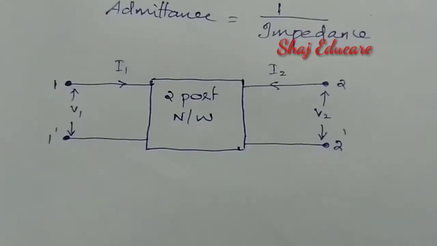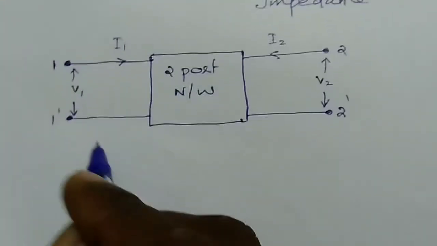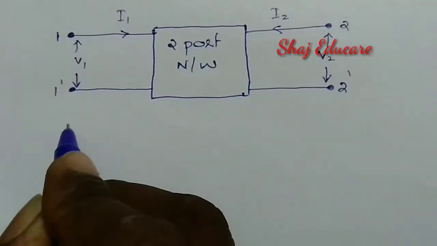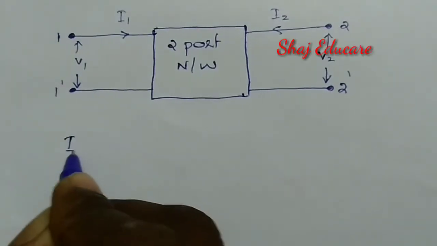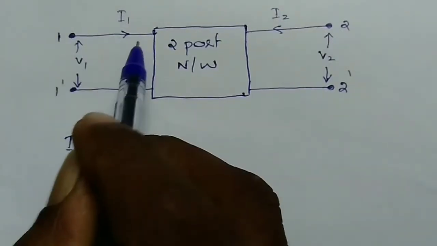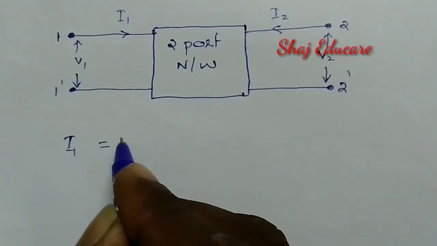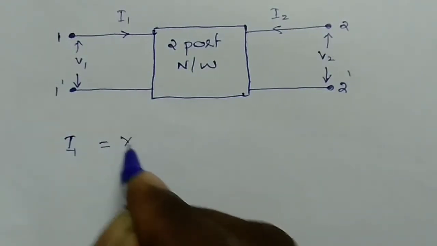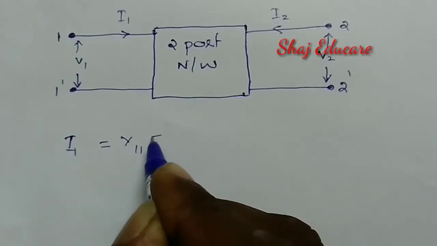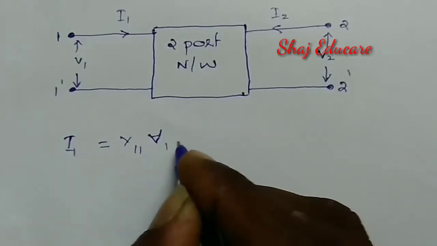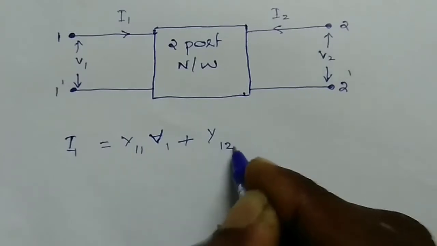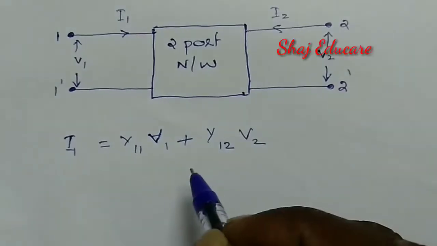Short circuit admittance parameters can be defined by two equations. I1, that is the input current, is equal to Y11 V1 plus Y12 V2.